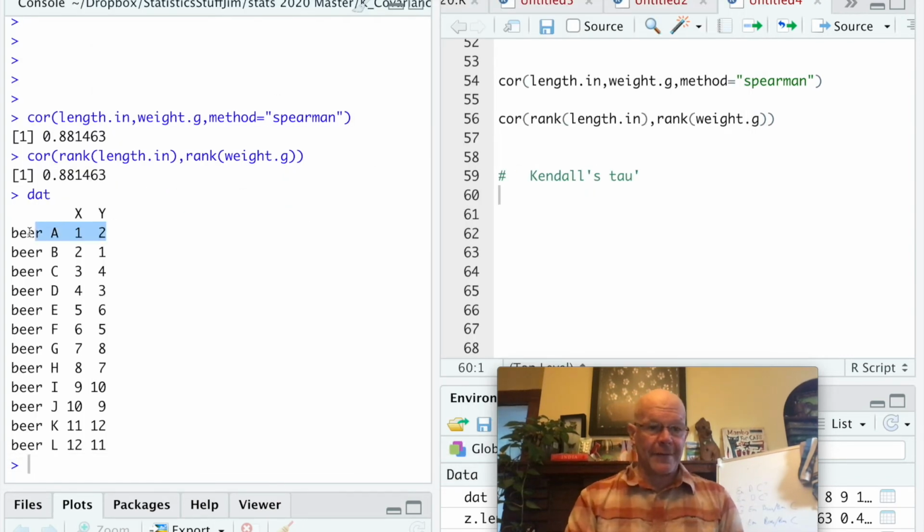So we start at the top here. Population A, sampler A, whatever it might be, gave beer A its number one ranking. The other person gave beer A its number two ranking. Now let's think about what we mean by concordance and discordance. Given that this person ranked beer A number one, we compare it to what person two did.